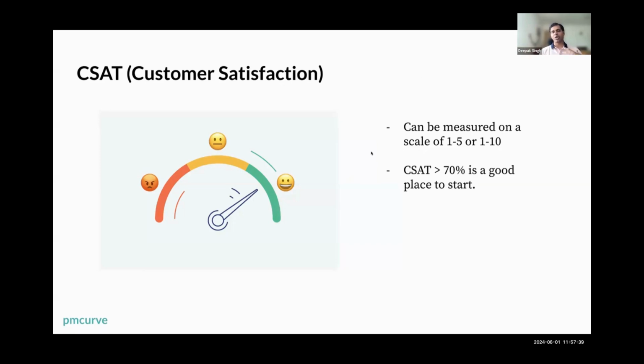We have been told again and again that if people love your product, that means that you have PMF, right? Even Marc Andreessen wrote that, if it satisfies the consumers, it has PMF. So why not? Why don't we use CSAT, a customer satisfaction score on a scale of 1 to 5 or 1 to 10, as a good place to measure PMF?